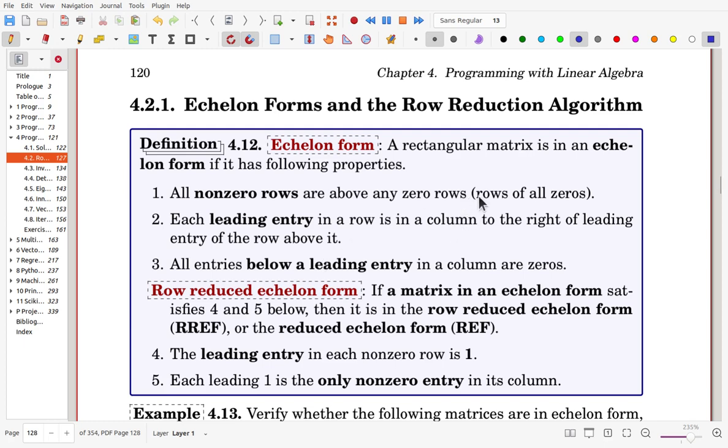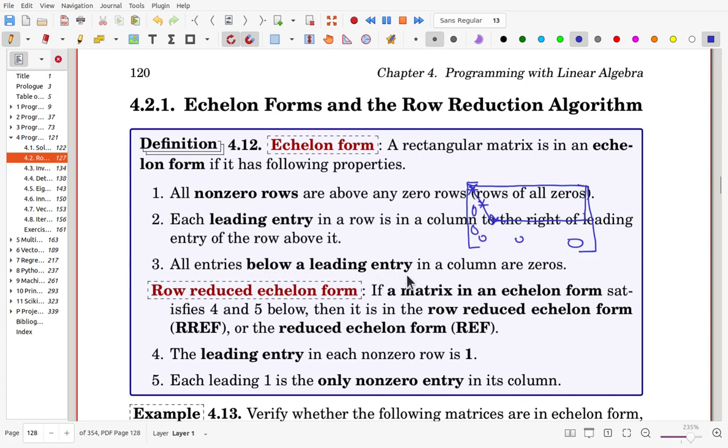Let's try to make a figure here. A matrix is given, and then we can apply elementary row operations to get the shape like this. Here there's a leading entry, and another leading entry. Zero rows will be on the bottom, and below a leading entry is 0.